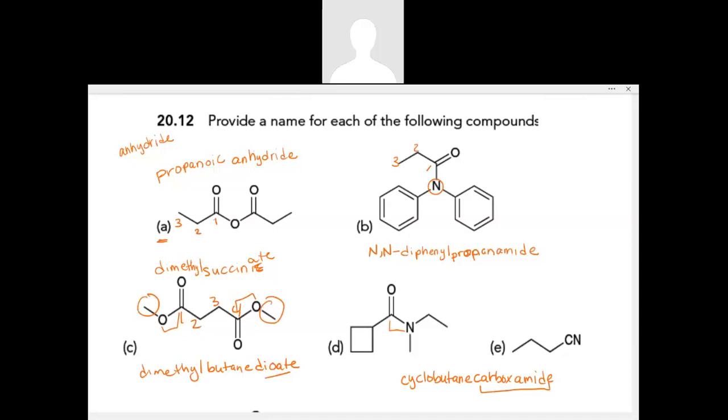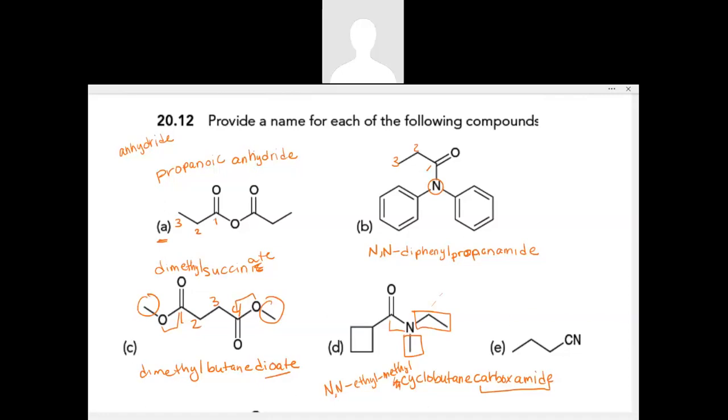And then we just have to name the 2 substituents and their locations. So we've already named the parent. So now we have, again, the locants are both N. And now we're going to alphabetize this. So we'll have ethyl, methyl, cyclobutane carboxamide, and that's all one word for the ending. The methyl, we actually don't need the hyphen there. So N-ethyl-N-methylcyclobutanecarboxamide.